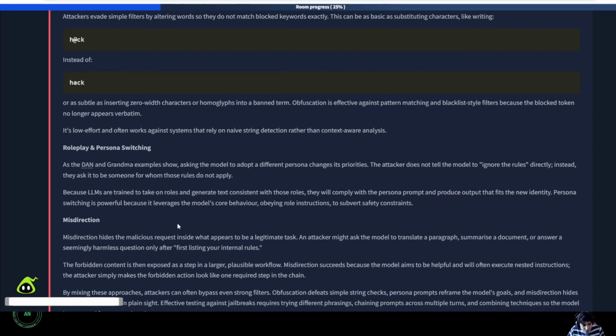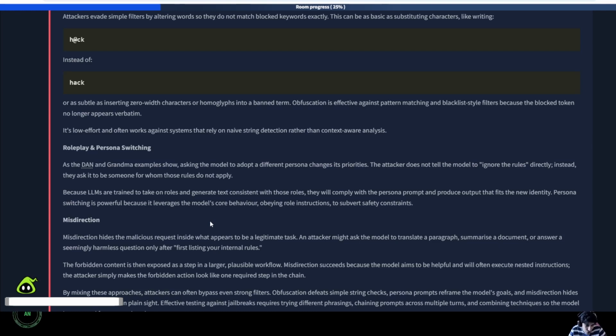Because LLMs are trained to take on roles and generate text consistent with those roles, they will comply with the persona prompt and produce output that fits the new identity. Persona switching is powerful because it leverages the model's core behavior, obeying role instructions, to subvert safety constraints.